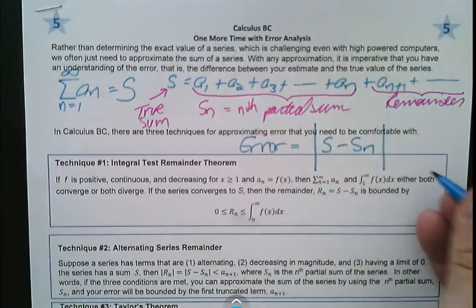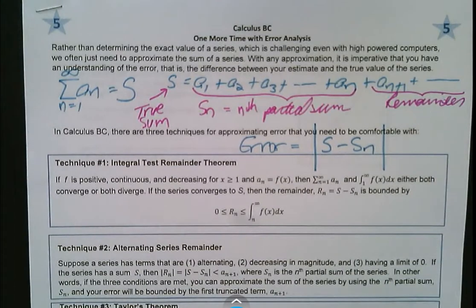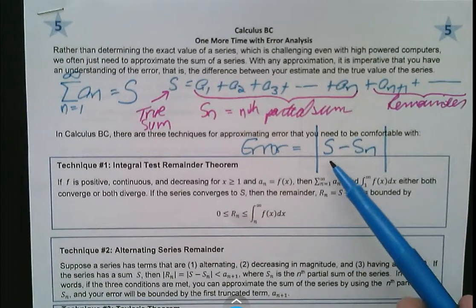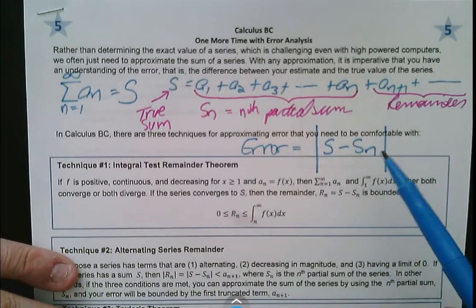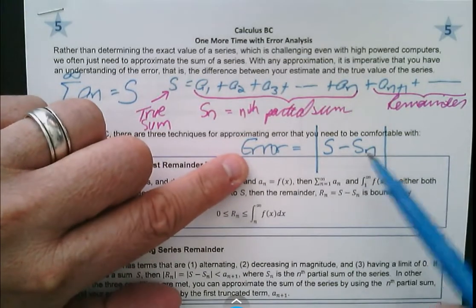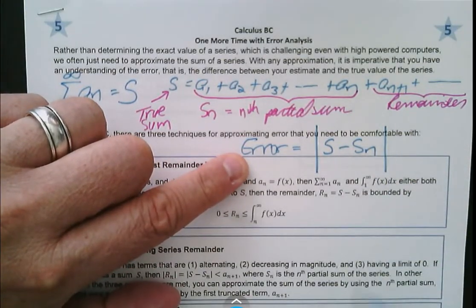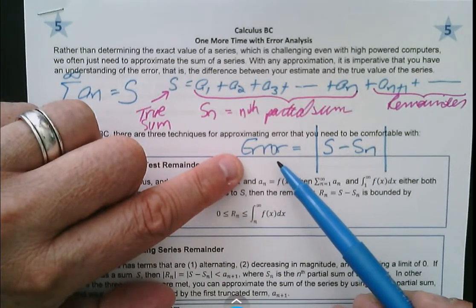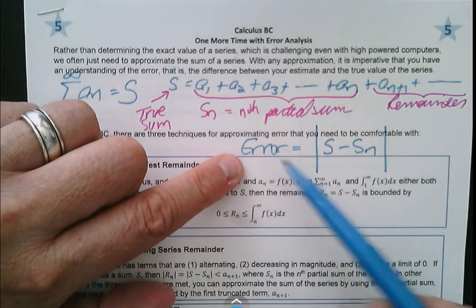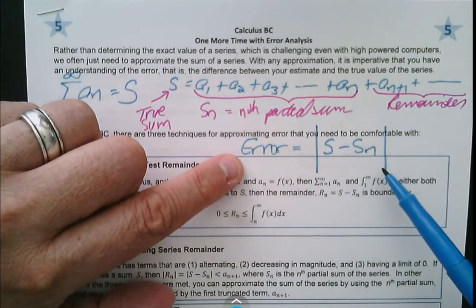Usually when we talk about error, we talk about the absolute value. The error is the absolute value of the difference between the true sum and the partial sum. What we try to do through these various techniques is get a bound, an upper limit on the error that exists between our true sum and the partial sum.